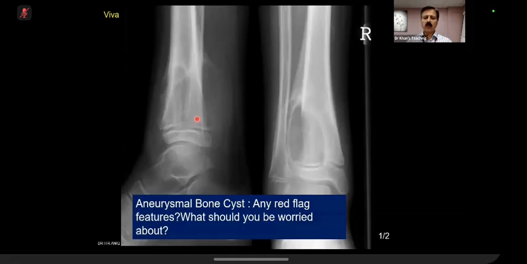But if there is a wide zone of transition in a portion of the lesion, or things like periosteal reaction, as in your case, think telangiectatic osteosarcoma, and advise an MR. I don't have the MR of this case, but this was confirmed telangiectatic osteosarcoma.